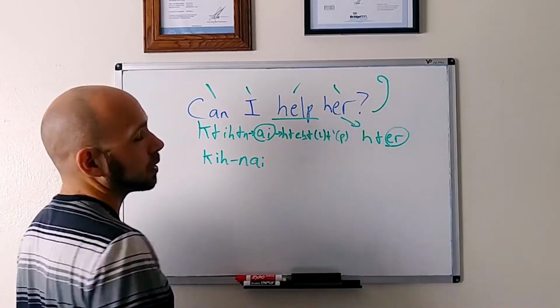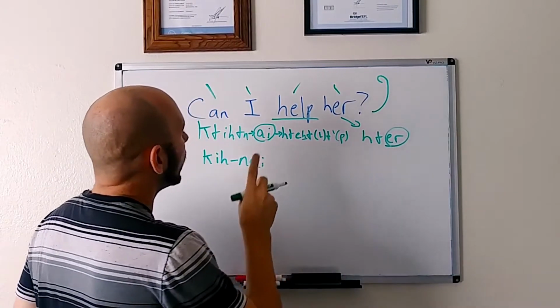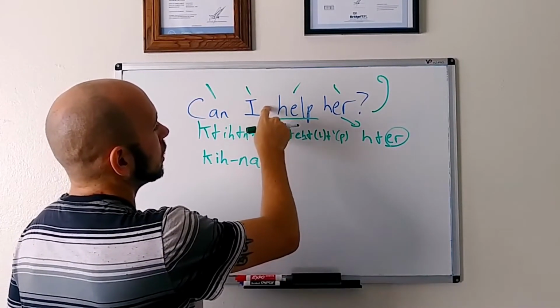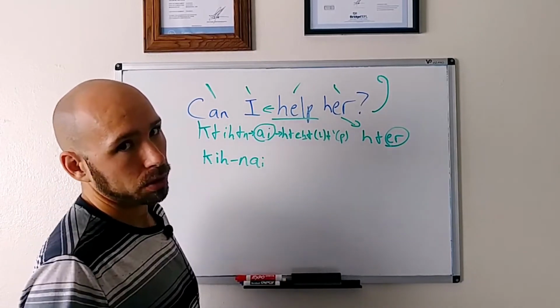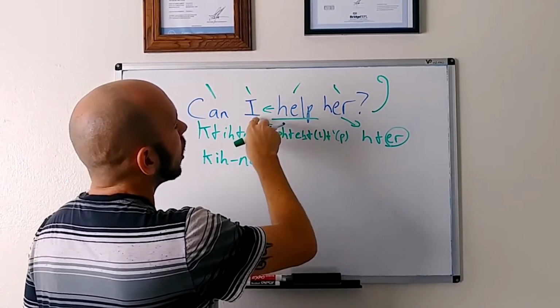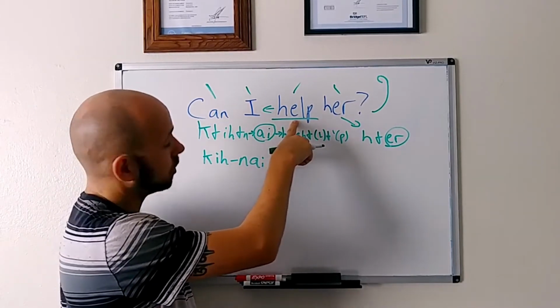Now help is stressed, so it is a little more likely that we will keep the H, but anytime that there is a sound before a word that starts with H that could possibly connect to the vowel sound after the H, okay?